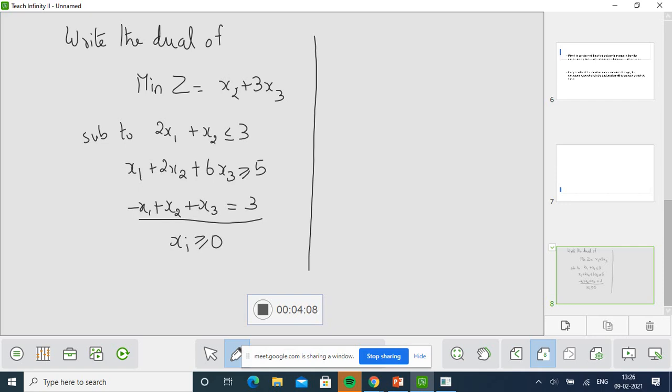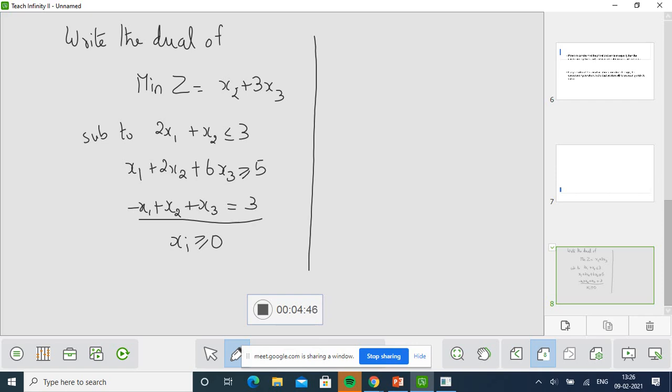So write down: the third constraint is an equality constraint. Therefore, it is unsymmetric.